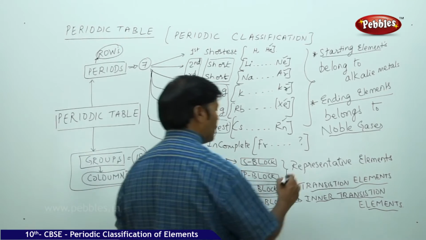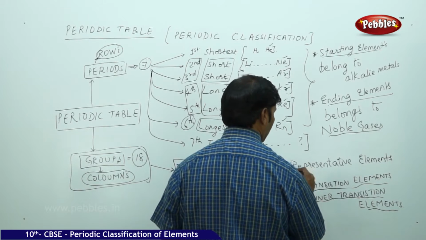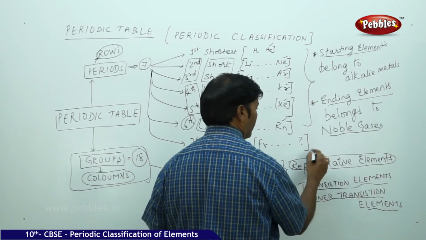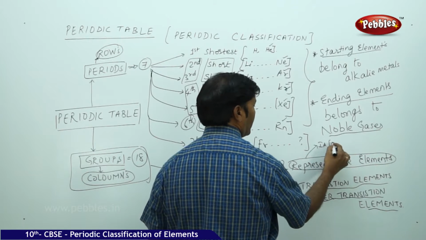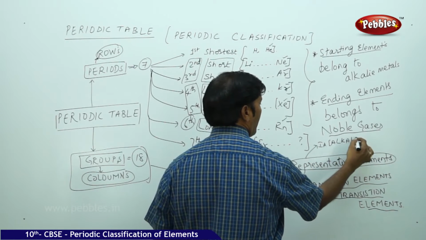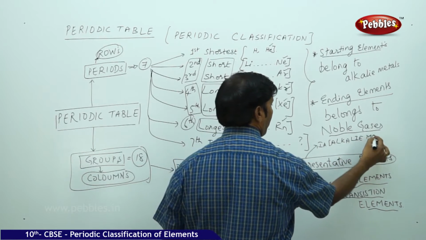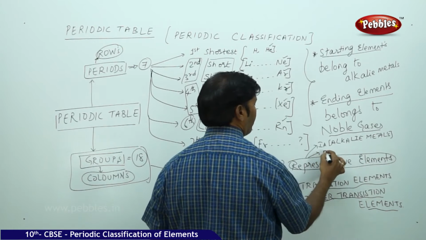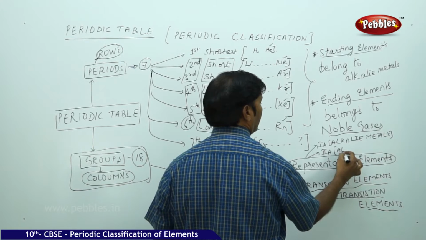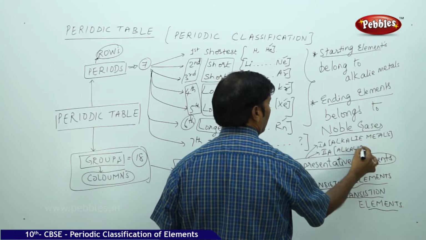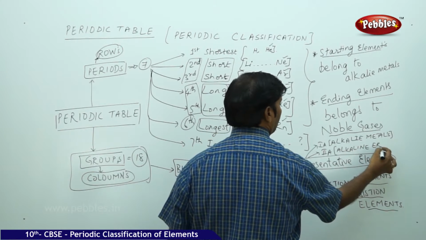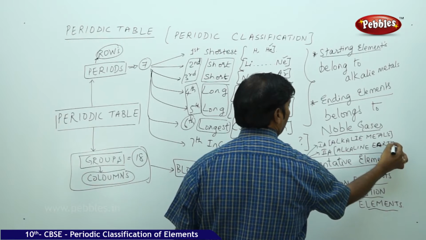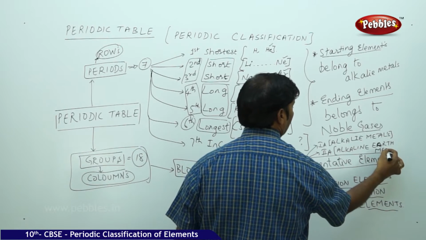If you go for the S block, the representative elements, you have 1A alkali metals and 2A alkaline earth metals.